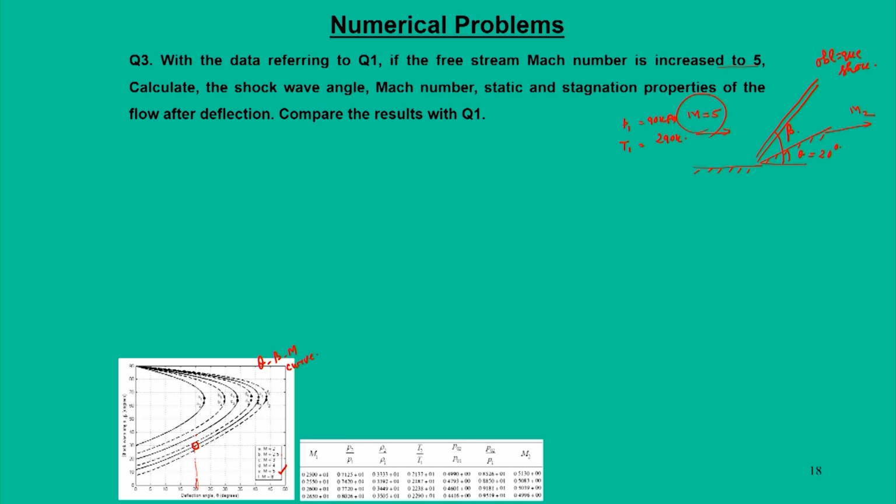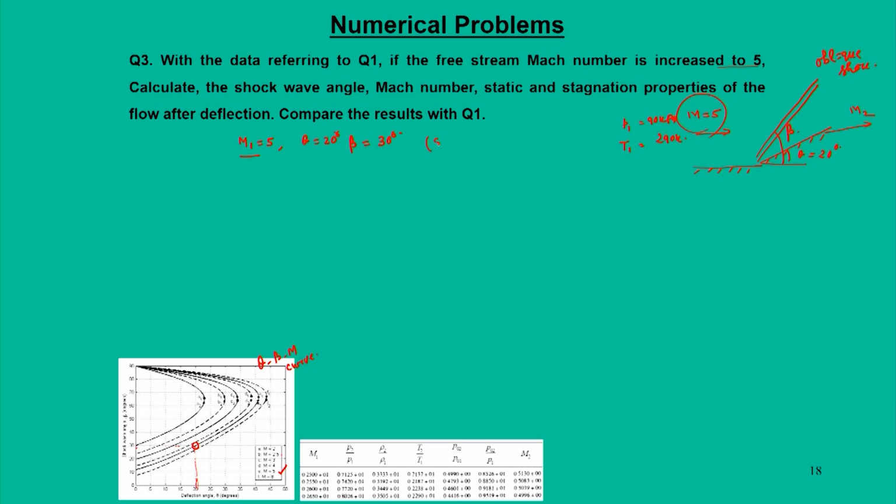So, at this point, M1 is equal to 5, theta is equal to 20 degree, the weak shock solution gives beta to be 30 degree, which means the shock wave angle decreases with increasing Mach number.